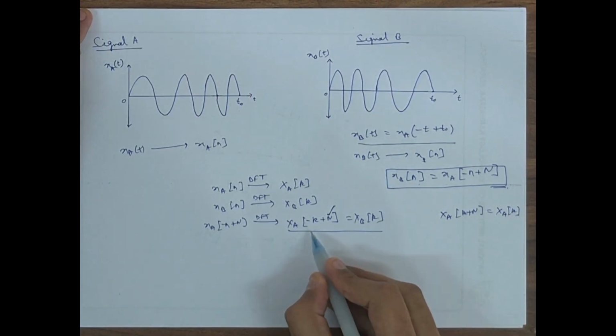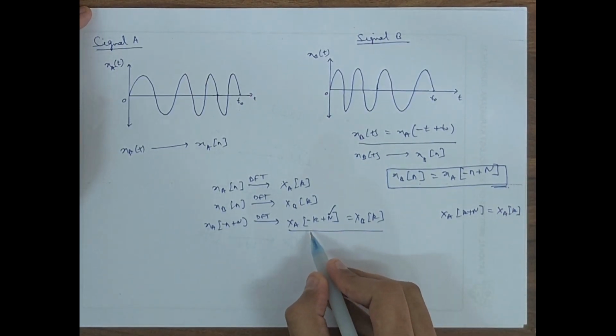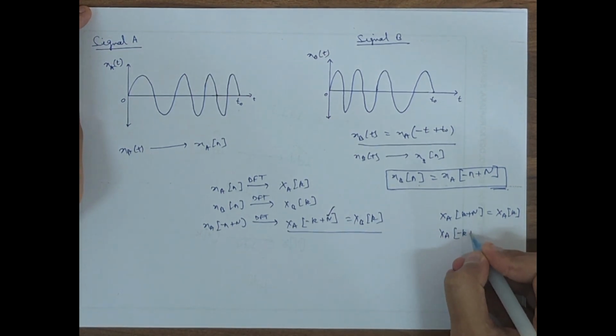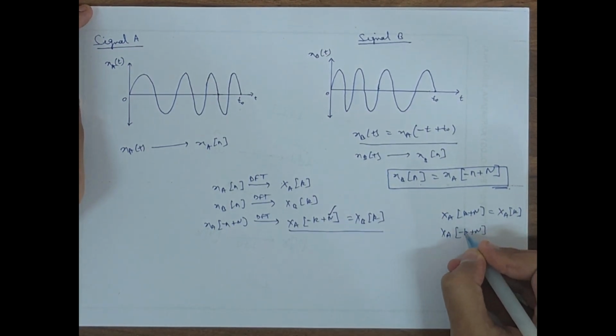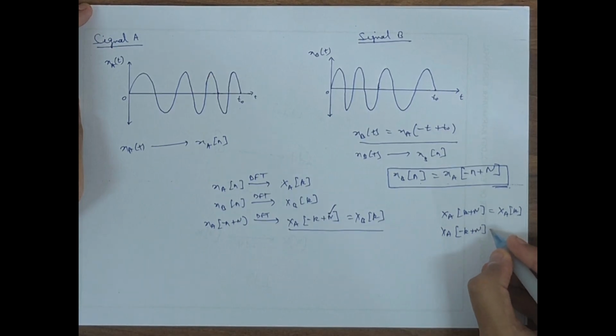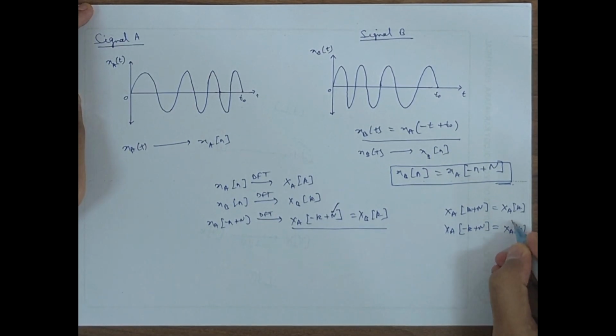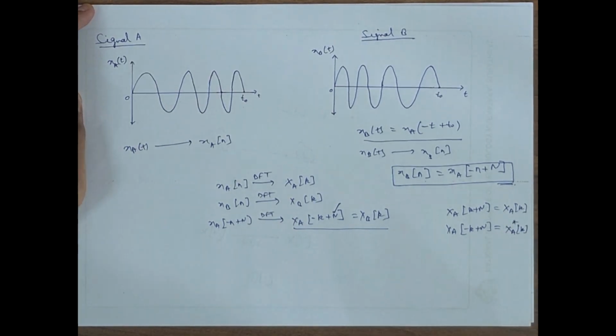But here I am reversing the time, so the property slightly changes to something like this: Xa of minus k plus N, you are reversing the time and then shifting, equals Xa of k, but the conjugate of it.